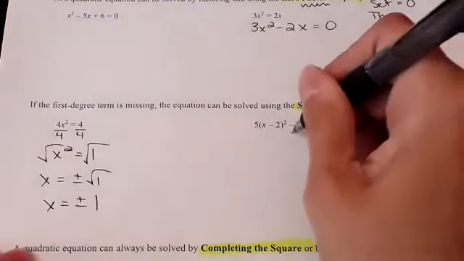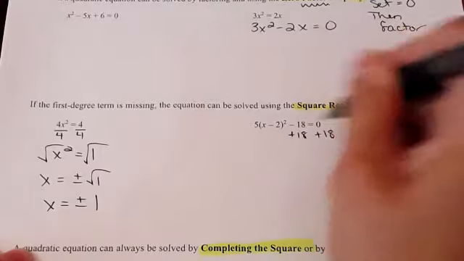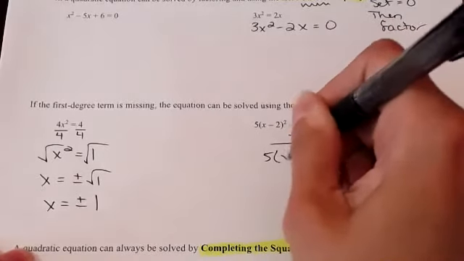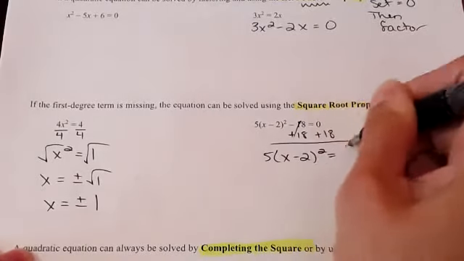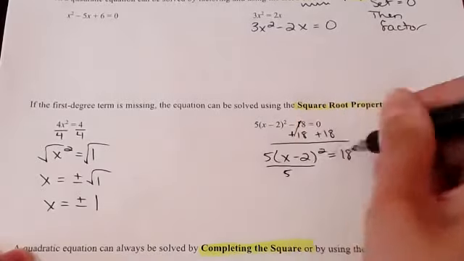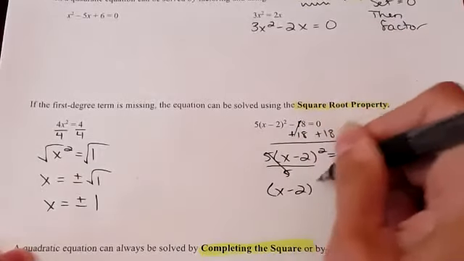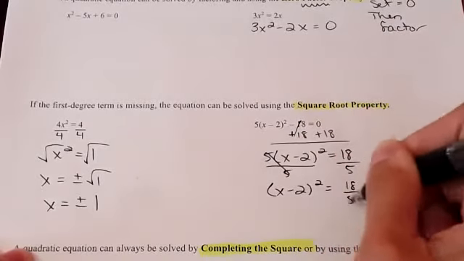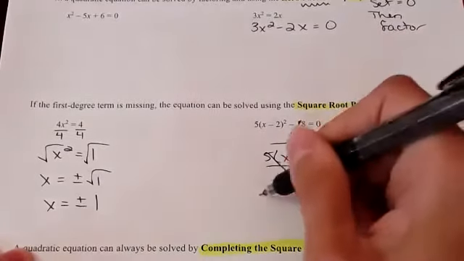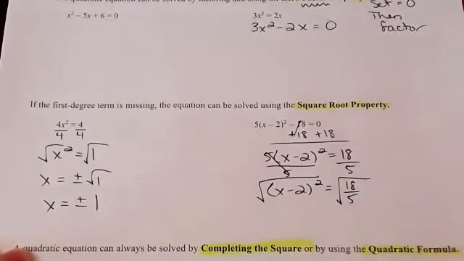For this second one, we definitely will want to add the 18 first. So we have 5 times (x minus 2) squared is equal to 18. We then definitely divide by 5 because we want to get the squared term completely by itself. Once the squared term is by itself, that's when we can take the square root of both sides.